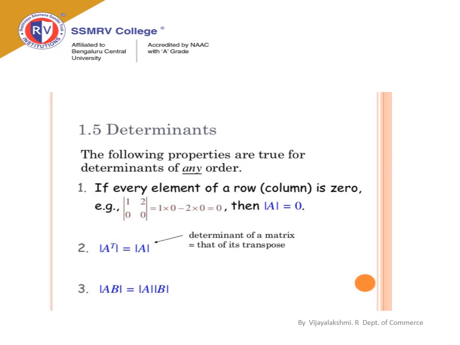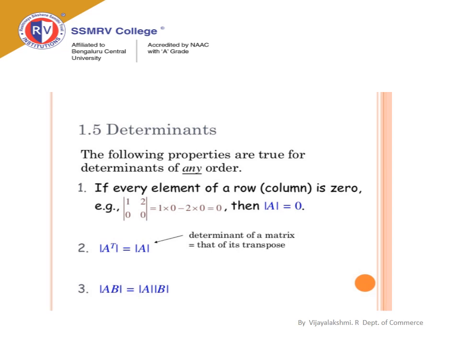Second property tells you that the transpose is equal to, that is, determinant of A dash will be equal to determinant of A. Transpose, or A dash, means we are converting rows into columns or columns into rows.